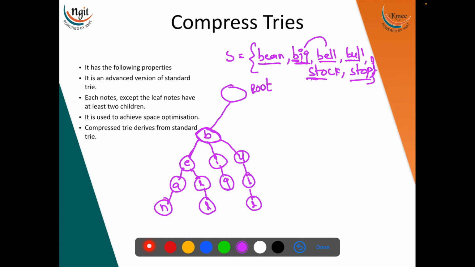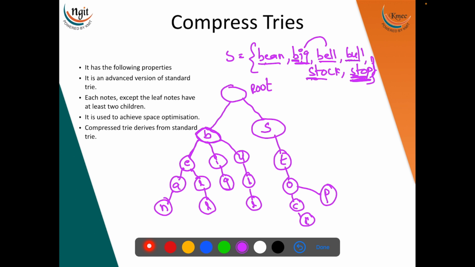Now the other one is stock. Stock starts with another alphabet, so I have to take S here, T here, O here, C and K. In stop, STO is already there. Now let's construct the P under O. This is the way we construct the standard trie.